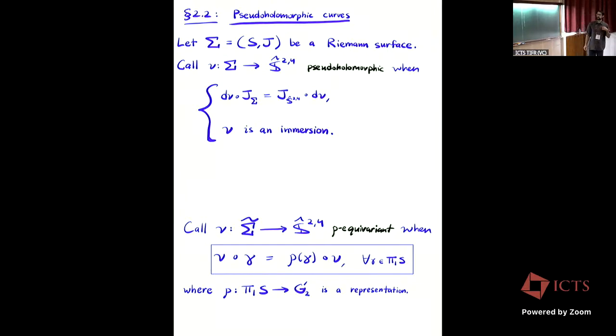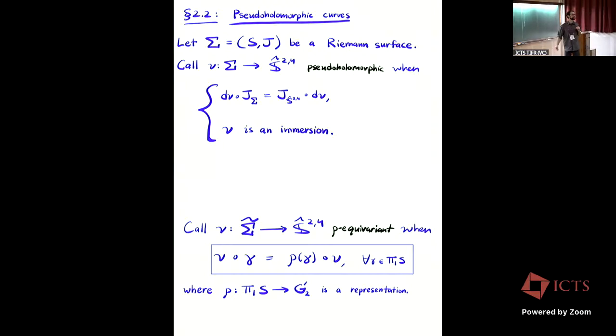So we call a map from the universal cover of our Riemann surface into the pseudosphere rho-equivariant when it satisfies the following equivariance condition. You precompose the curve by a deck transformation, then the curve changes by post-composition by an element of G2, and you have some representation rho which encodes this equivariance.